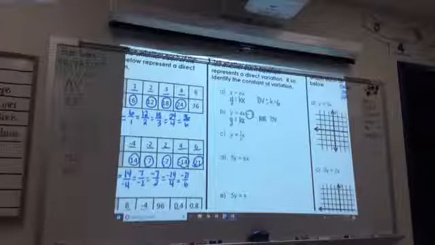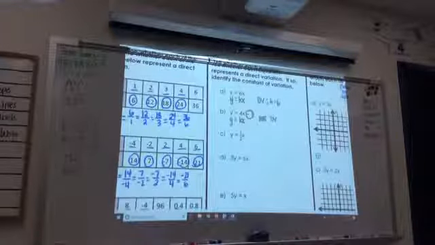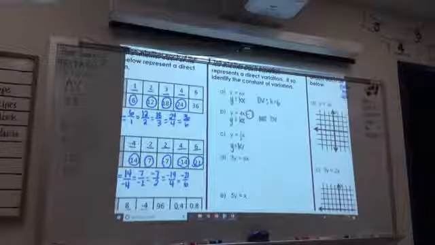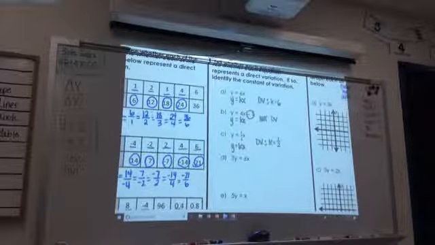Okay, but if there's some other number there, it's not direct variation. We okay? Look at this problem. Y equals kx. Is this direct variation? Good. What is my constant? 1/2. Y'all are so smart.